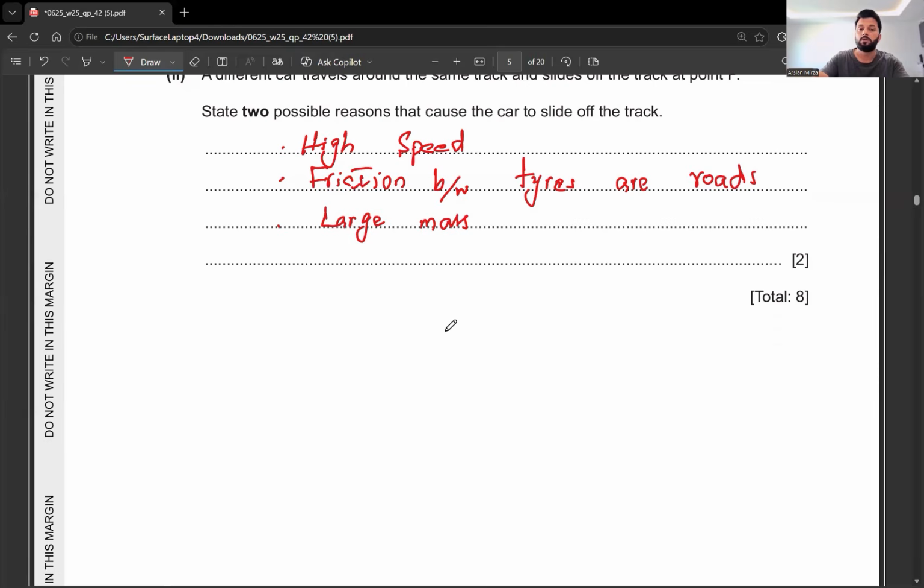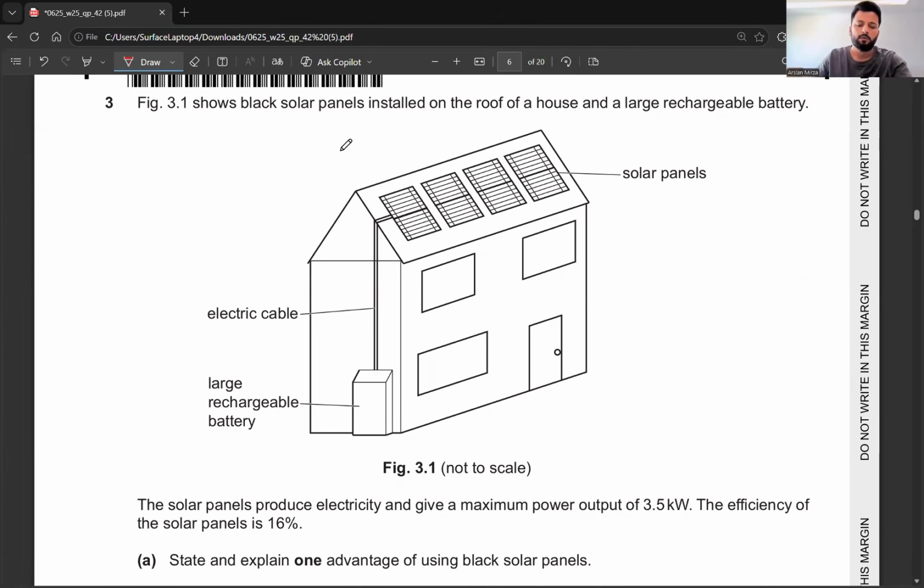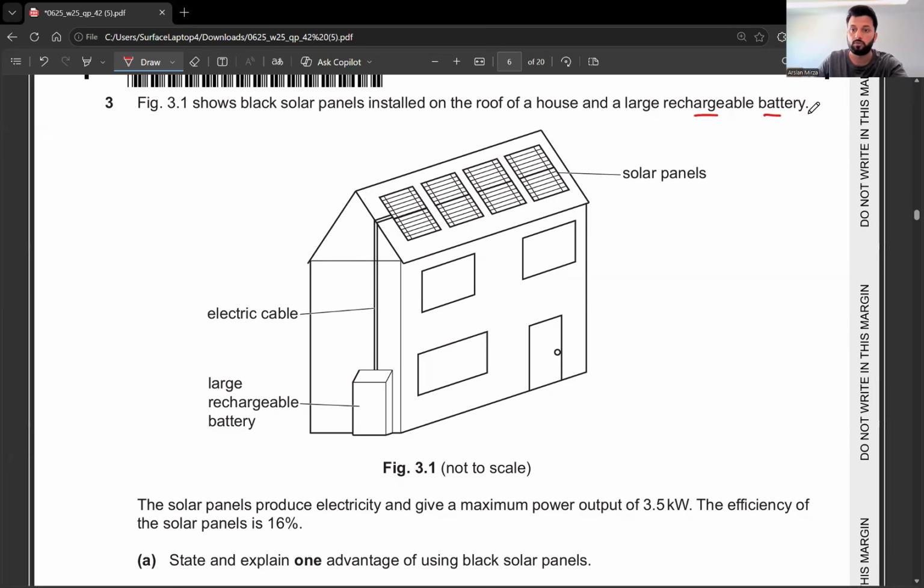So this is question number 2. Let's continue with question number 3. Figure 3.1 shows a black solar panel installed on the roof of a house with a large rechargeable battery, so electricity can be stored. These are solar panels, black in color. These are electric cables and the large rechargeable battery.